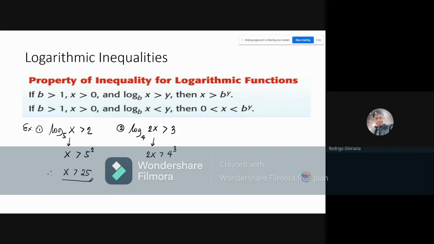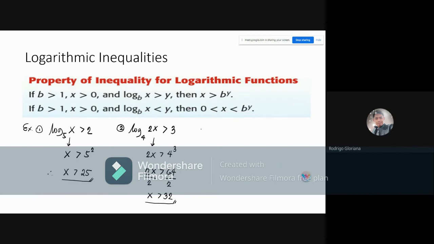Then evaluate 4 cubed, 4 times 4 times 4. Ilan yun? 4 times 4, 16 times 4, 64. Then divide by 2, since we are looking for the value of x. So your x is greater than 32.